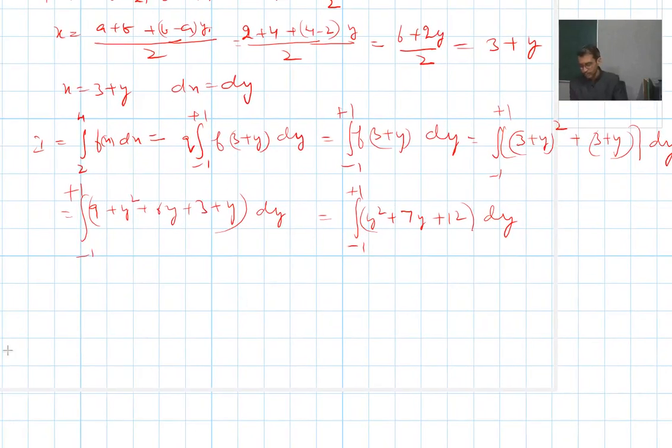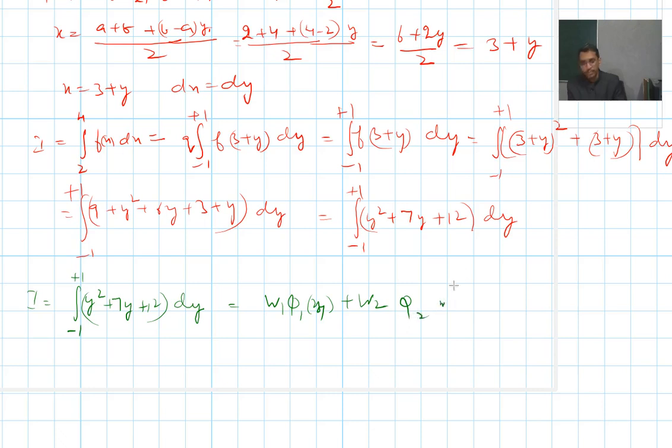So now I is equal to the integral from minus 1 to 1 of y square plus 7y plus 12 dy, and it is equal to w1 phi of y1 plus w2 phi of y2, not phi 1 but phi, yeah, right?